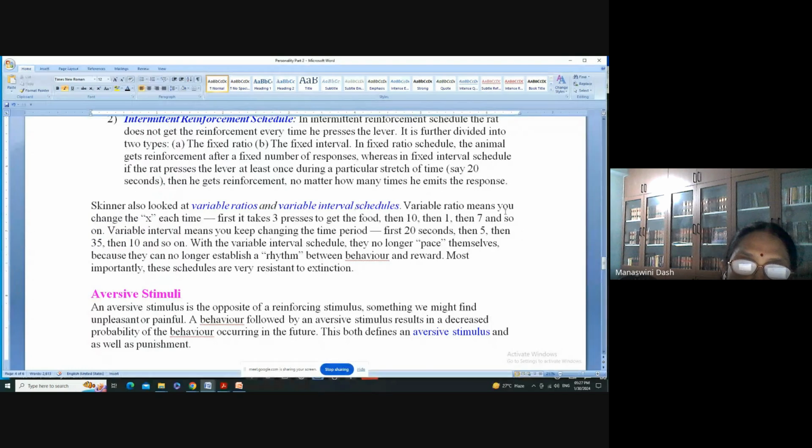Whereas aversive stimulus, as the name suggests, is always unpleasant or painful, and aversive stimulus results in a decreased probability of the behavior. Okay, if the behavior is followed by an aversive stimulus, the probability of behavior occurring in future decreases.